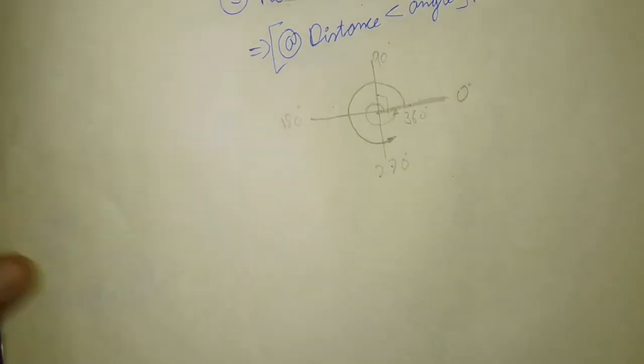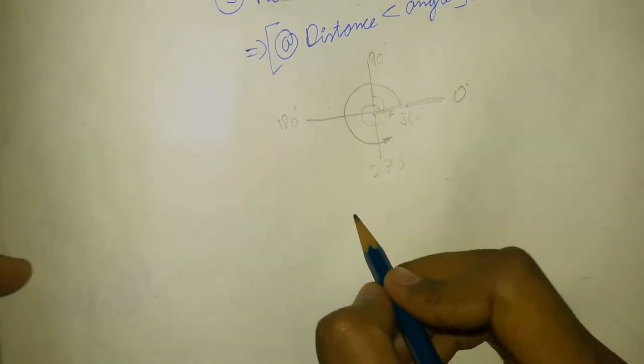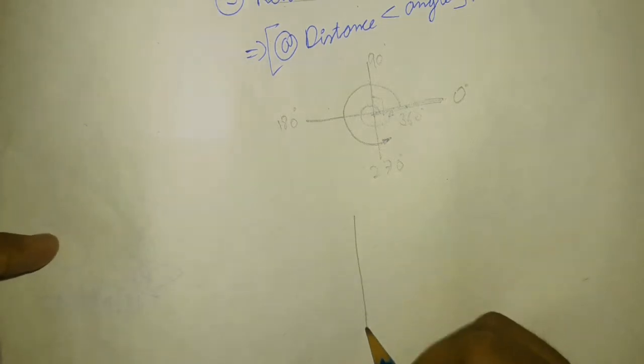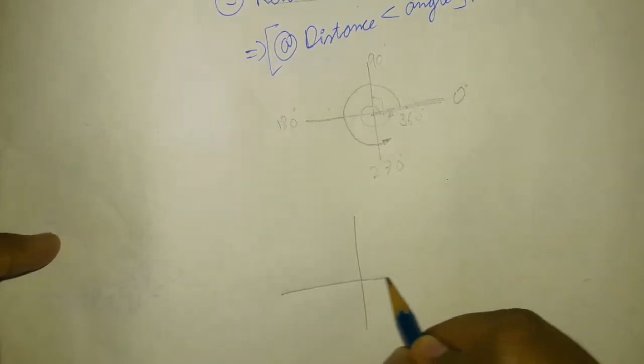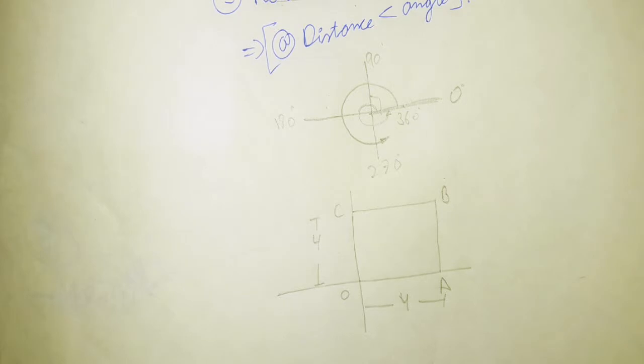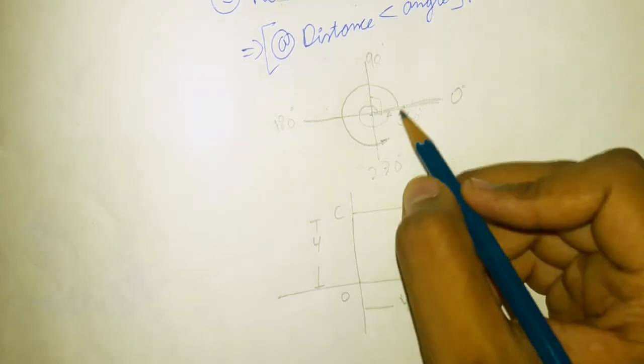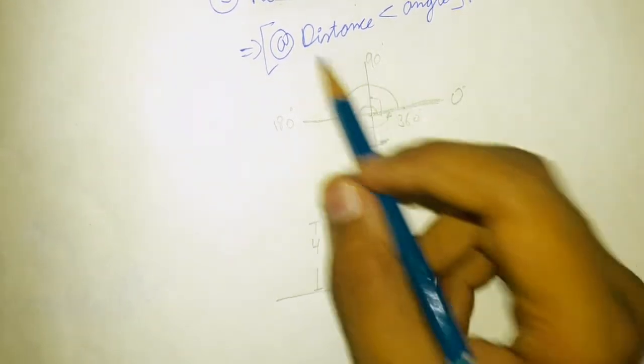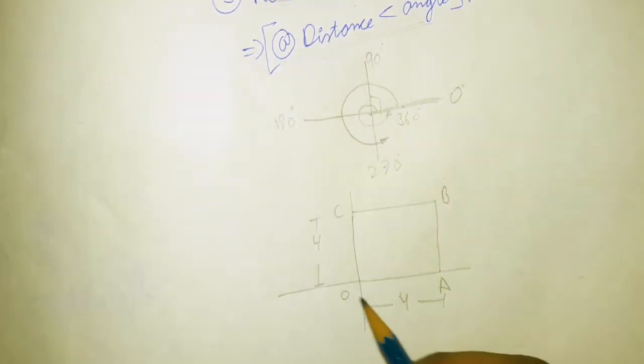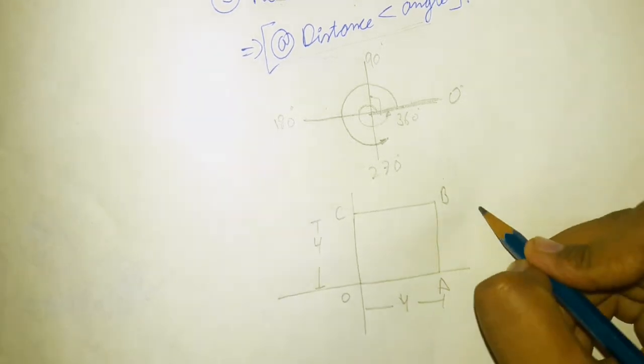Let us take an example. Here, in the same example, as I told you, to find an angle, we have to move anti-clockwise, and using this formula, we find the points.